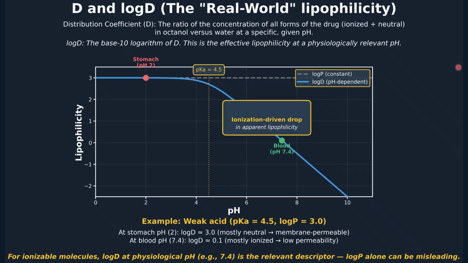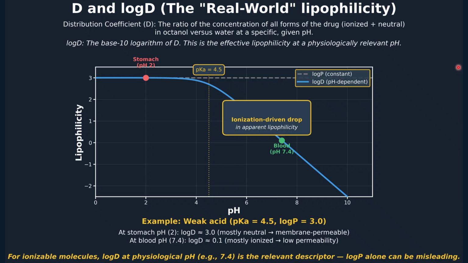So here, the molecule is now mostly ionized and has low membrane permeability. So this is why for ionizable molecules, log D at physiological pH, that's around 7.4, is the relevant descriptor for our modeling. Using log P alone can be misleading because it does not capture this pH dependent behavior.